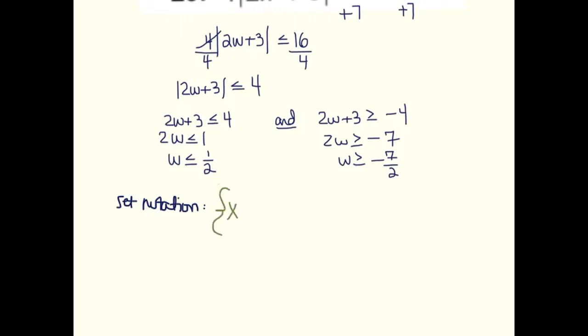Okay, you can write w is an element of the reals, comma, and then since it's an and, you would write 1/2 is greater than or equal to w, which is greater than or equal to negative 7 over 2. So I kind of just combined the two solutions.